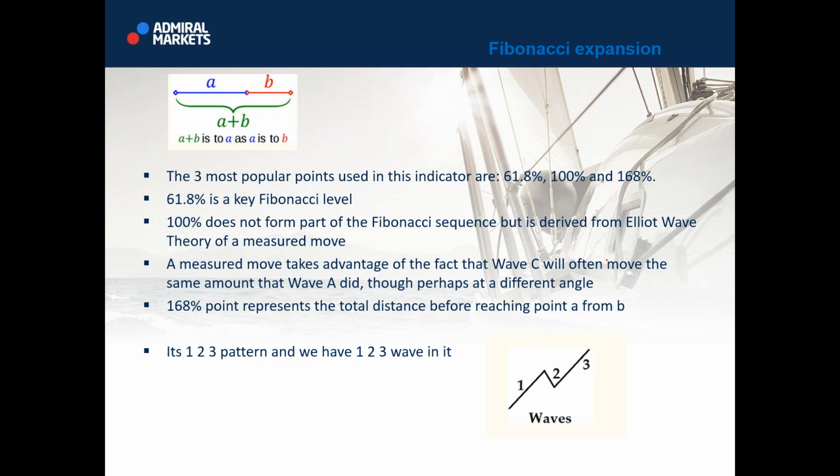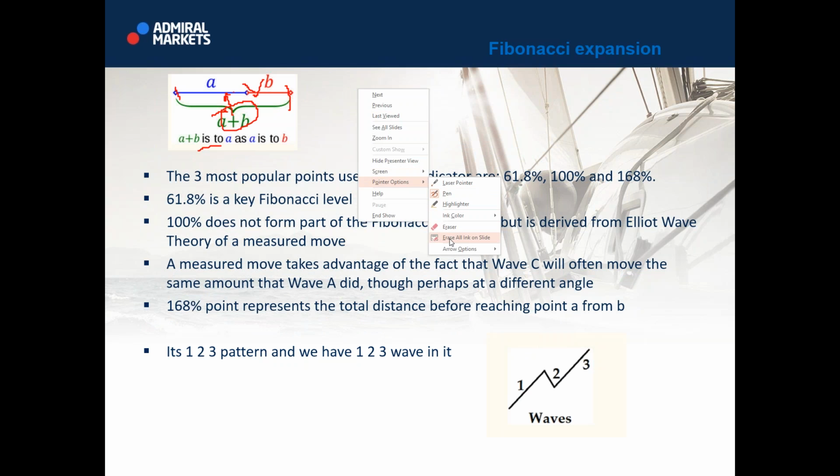A plus B is to A as A is to B. A plus B equals the distance between this, and this equals the same as A is to B. Again, past plus present equals future.